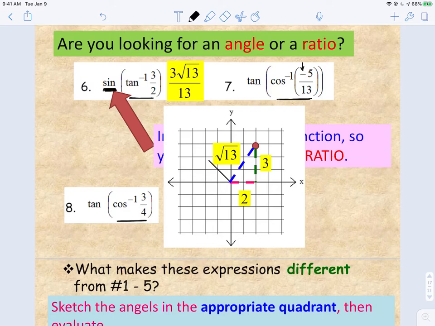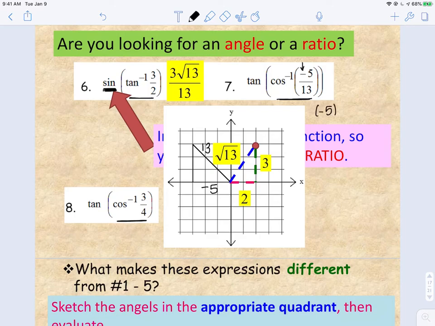So I'll go ahead and draw it out here and then drop the perpendicular. So the -5 is going to be my x value, and the radius is going to be 13, and we need to use the Pythagorean theorem to identify the y value.